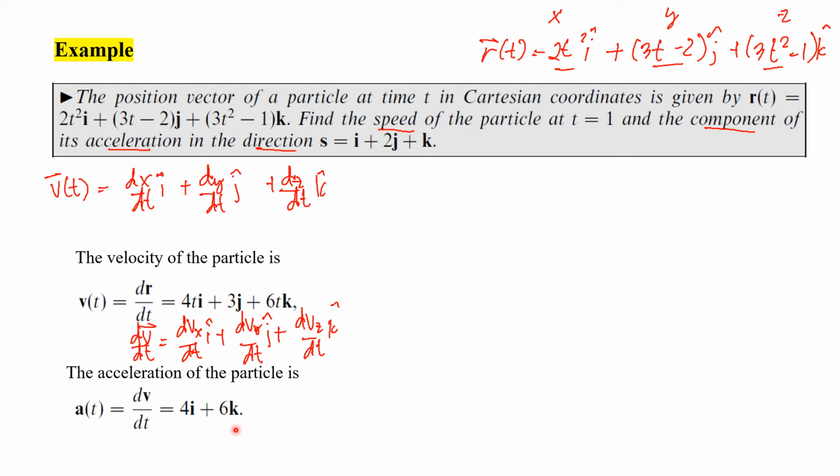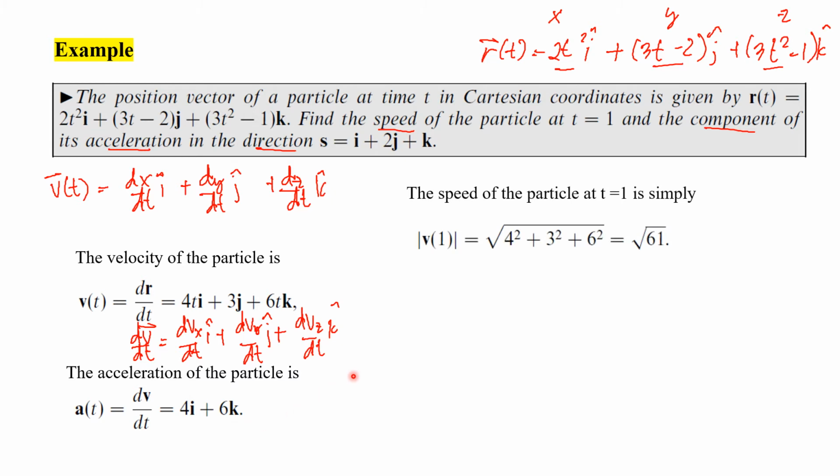Now let's find the speed of the particle at time equals 1. So the speed of the particle is given by the magnitude of this vector, which you can get from the Pythagorean theorem. The speed of the particle at t equals 1 is simply the magnitude of v of t, because we are asked here for the speed.